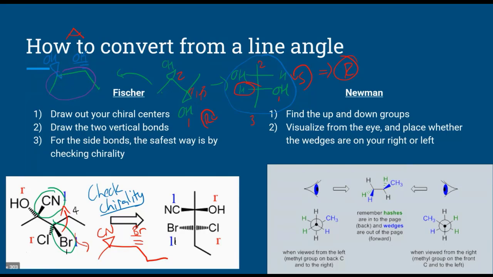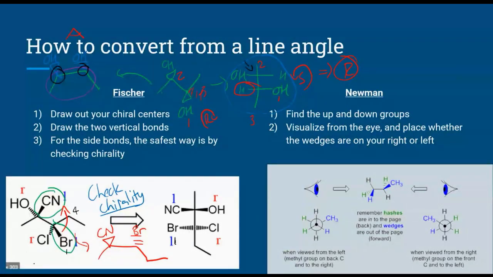So what I advise you to do is instead to figure out the chirality of this and match it over here. Okay, does that sort of make sense for everyone? Okay.